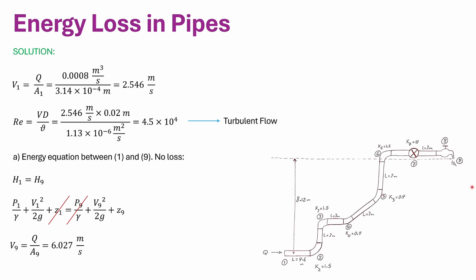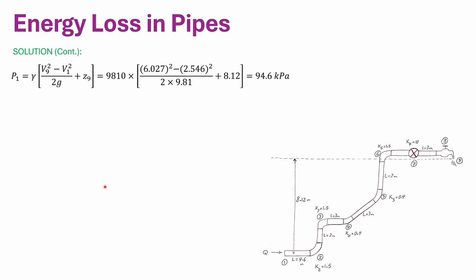V9, the velocity at this point, is Q divided by A9, which equals 6.027 meters per second. So by knowing all the numbers that we need, P1 equals 94.6 kilopascals. This is for case 1, where there was no major or minor loss in this pipe system.